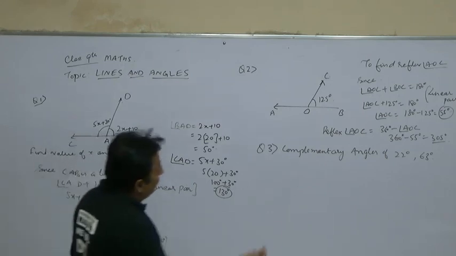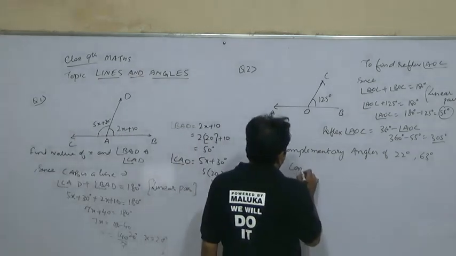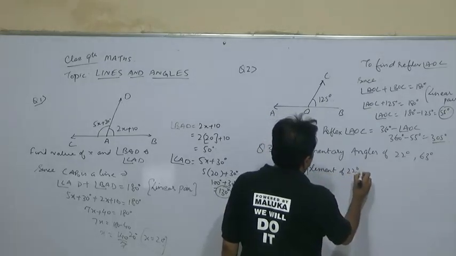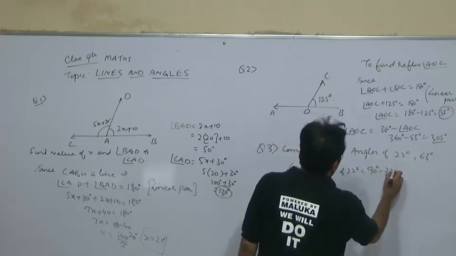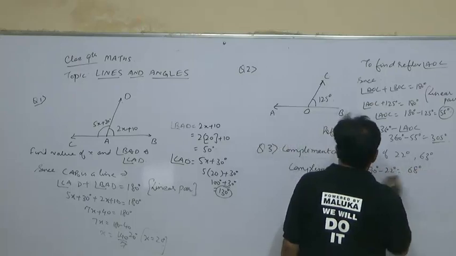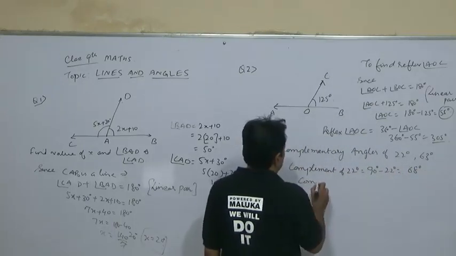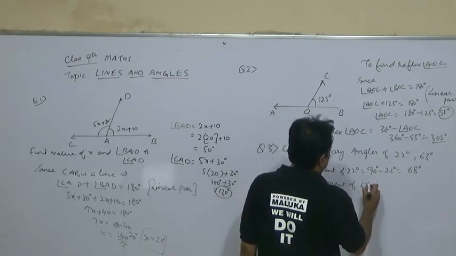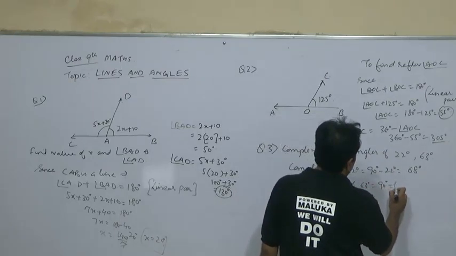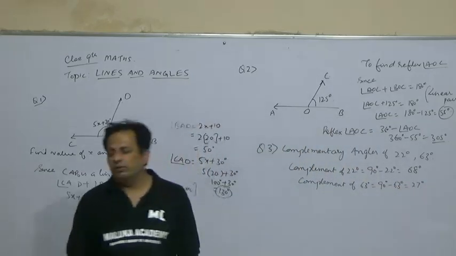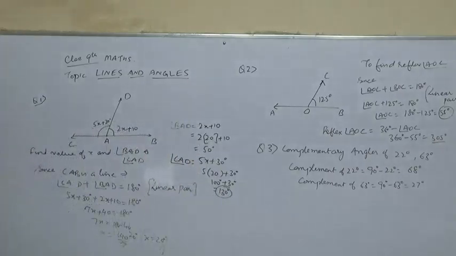First we find the complement of 22 degree. This will be 90 degree minus 22 degree, which is 68 degree. And then the complement of 63 degree. This will be 90 degree minus 63 degree, which is 27 degree. So very easy. The angle whose complement has to be found, we subtract that from 90 degree.